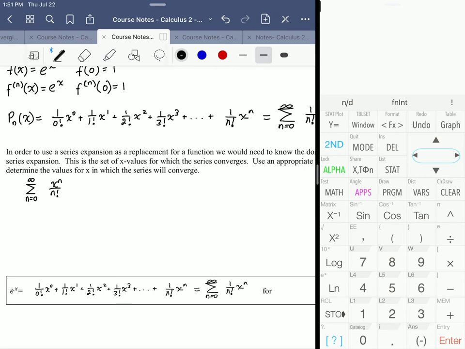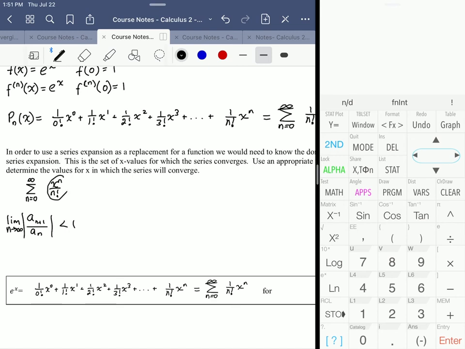We would need to make sure that the limit as n approaches infinity of the ratio, a sub n plus 1 divided by a sub n, has to be less than 1. And whatever values allow for that to occur would be our domain.